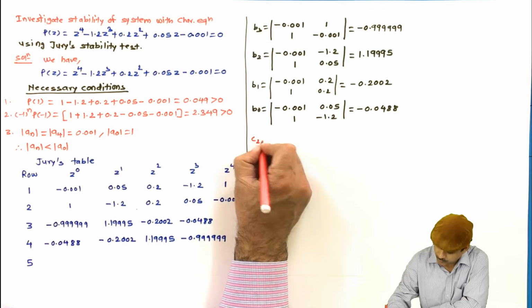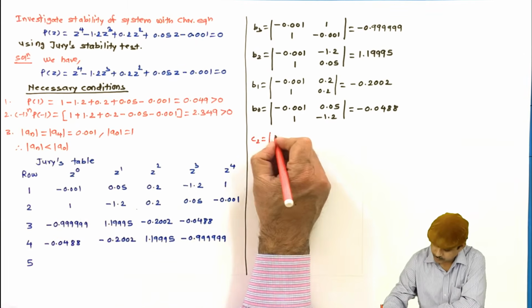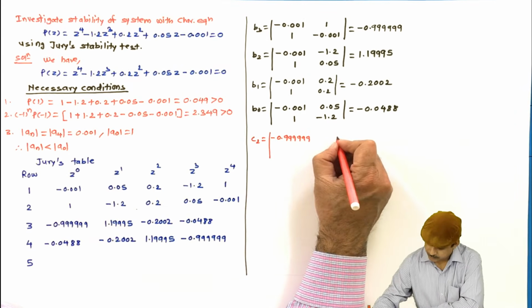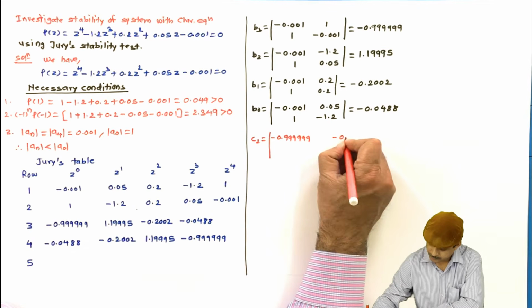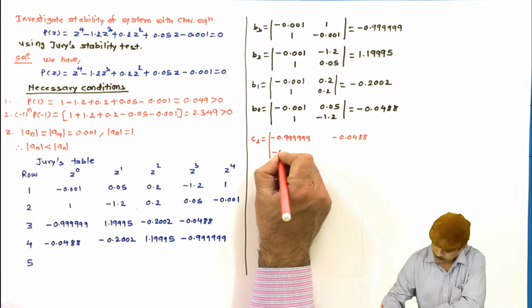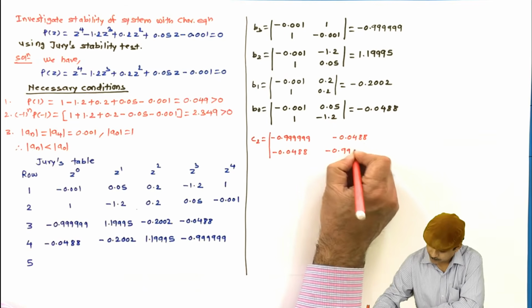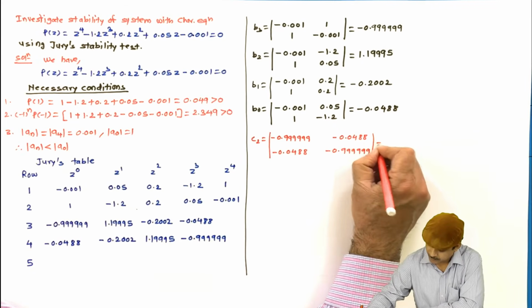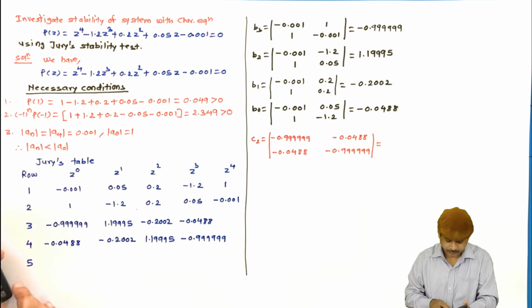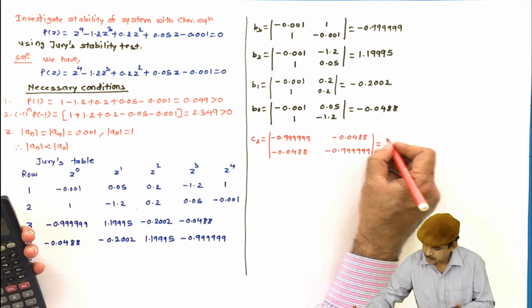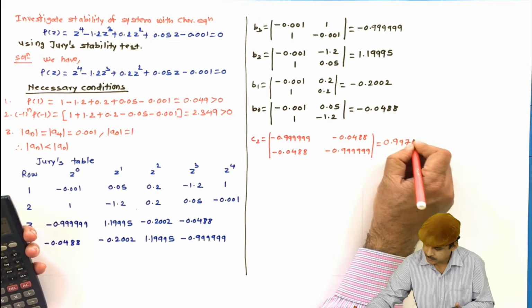So here C2 will be equal to what? These two and these two. And this is equal to 0.9976.